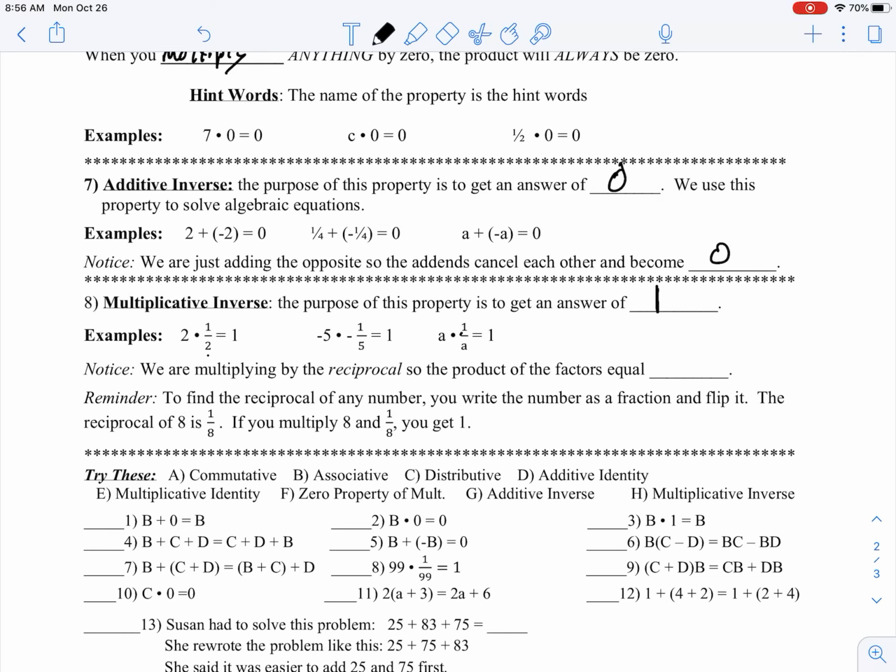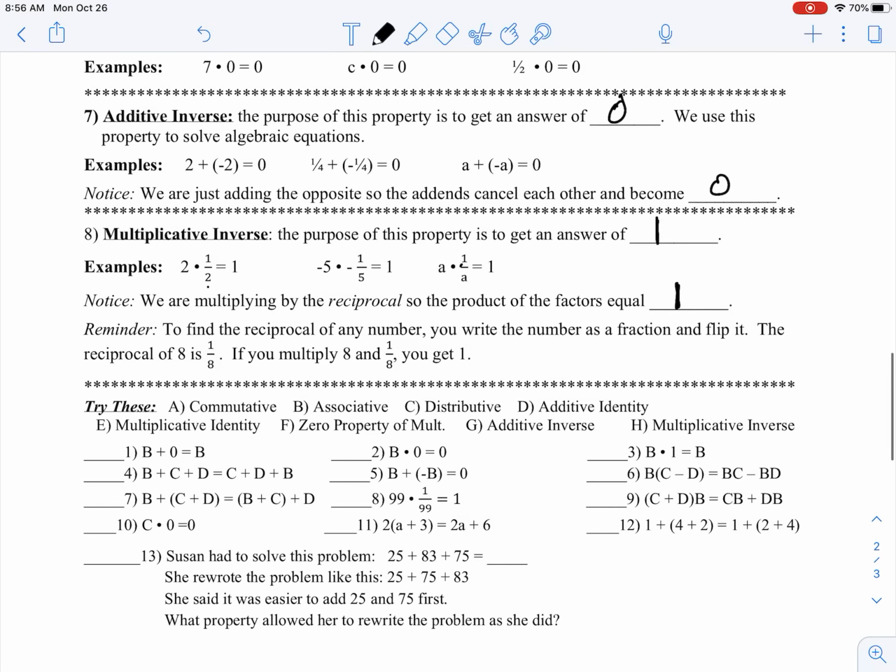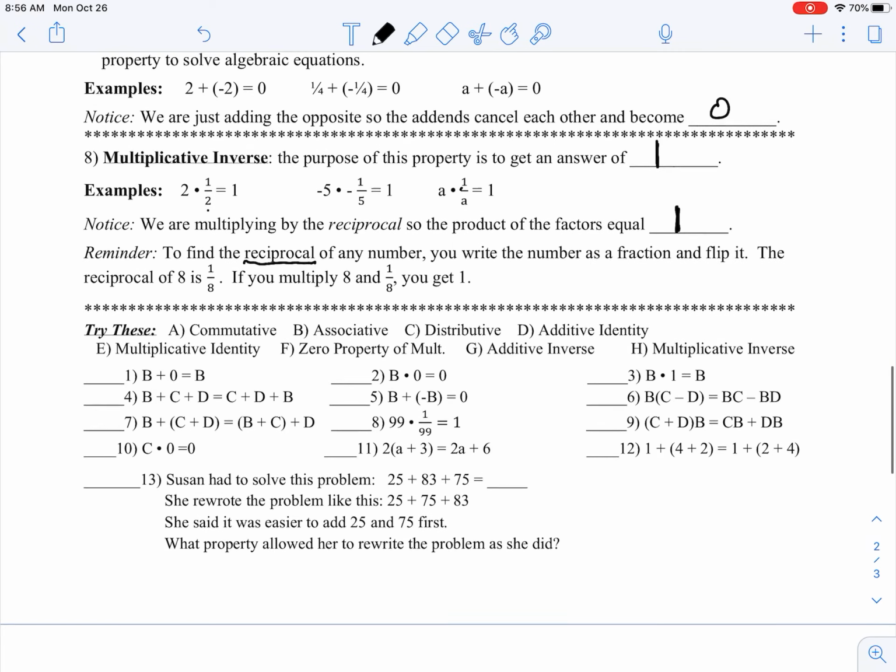So we are trying to multiply by the reciprocal so that the factors will equal 1. Remember, reciprocal just means flip the fraction. The reciprocal of 8 would be 1/8, so when we multiply 8 and its reciprocal, we get 1, just like with any other number.